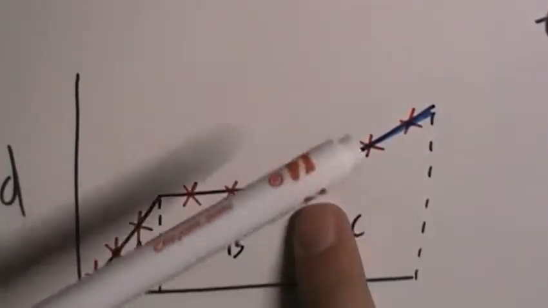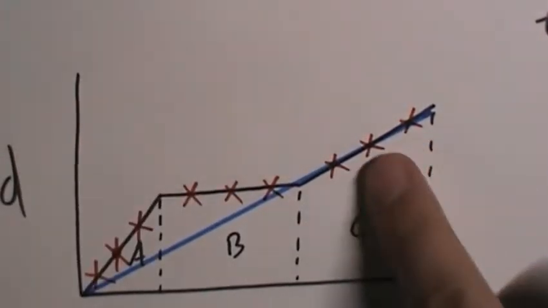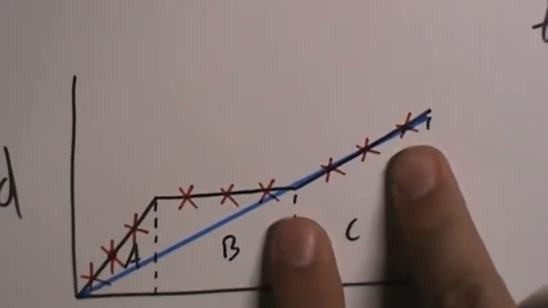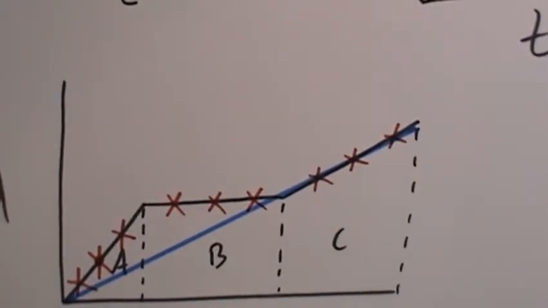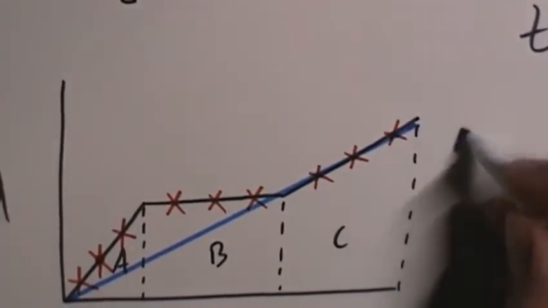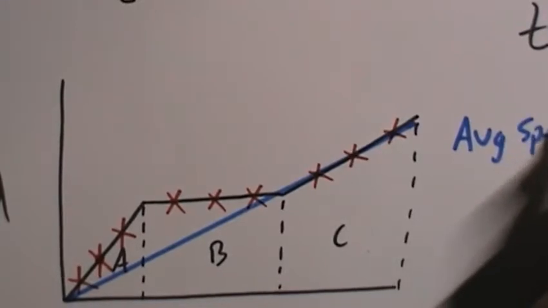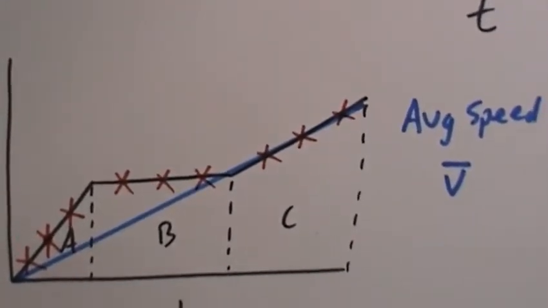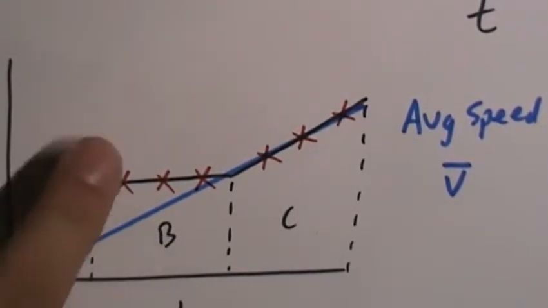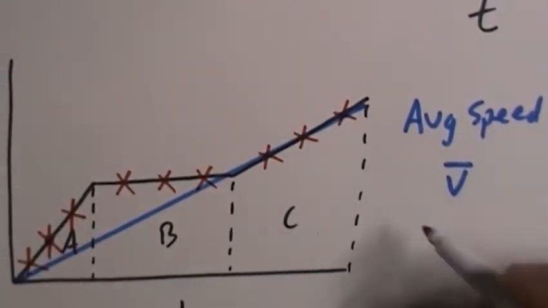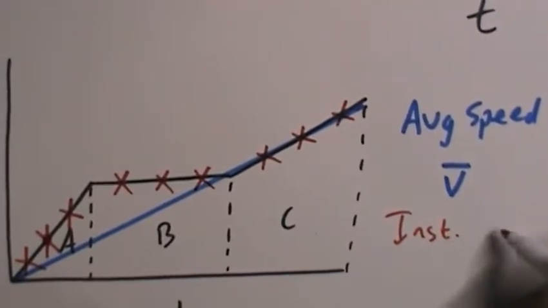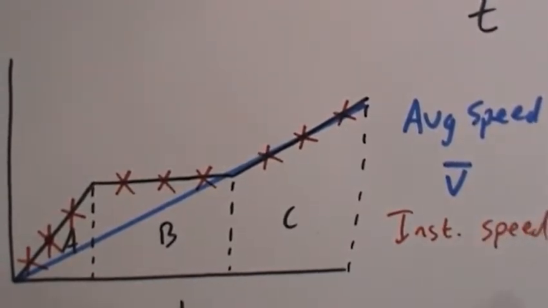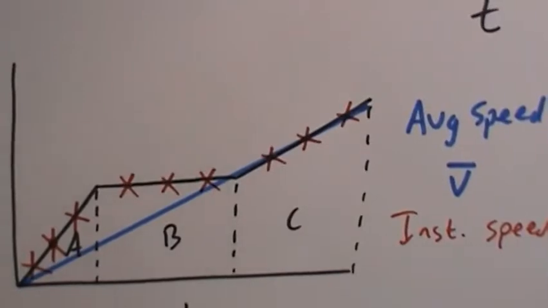But because I have this big resting interval here, the lines almost totally overlap right here. So the blue line represents the average speed, or average velocity, if they ask it that way on a question. Whereas the red X's represent the instantaneous speed, or your speed at any given moment in time.